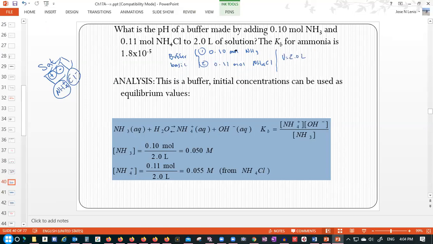We can use this to find molarities. So the molarity of this will be 0.10 divided by 2. It's going to be 0.050 molar. And this also, you can find the molarity. But you will see this is no need later. You can apply into the formula just the moles.